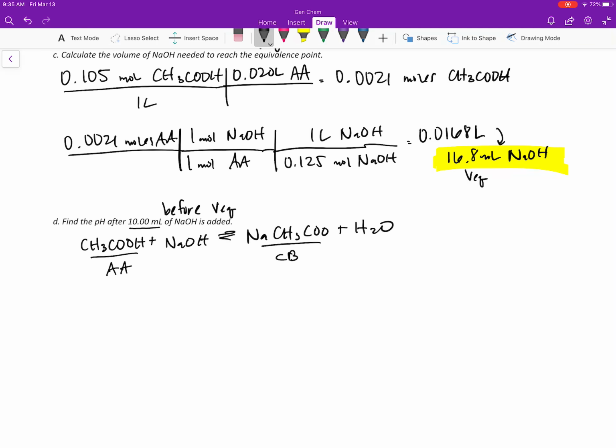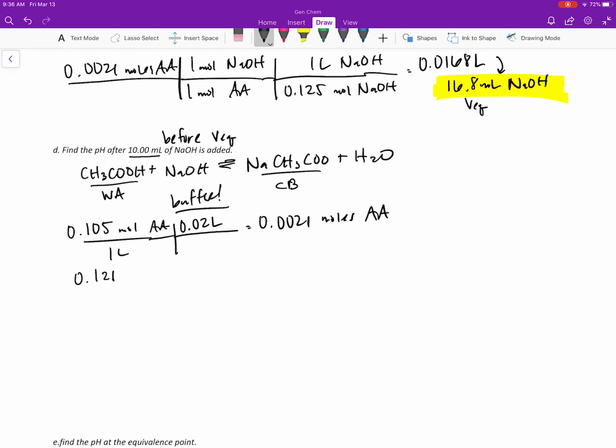So to know what my A minus and HA values are, I need to solve for the moles I have at this point. So I have this molarity of acetic acid, and this is my starting volume of acetic acid, which means just like before, I have 0.0021 moles of acetic acid.